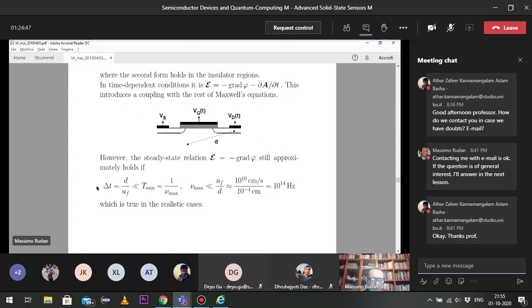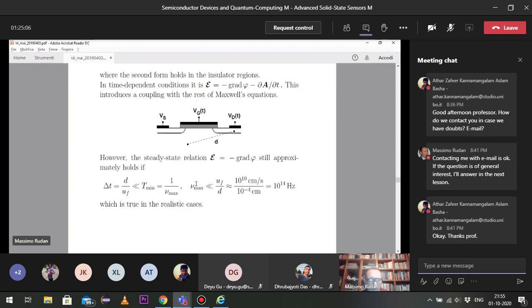At this point, we can reverse the equation. We can extract ν max, that is the maximum frequency of the applied voltages, such that this inequality applies, okay?